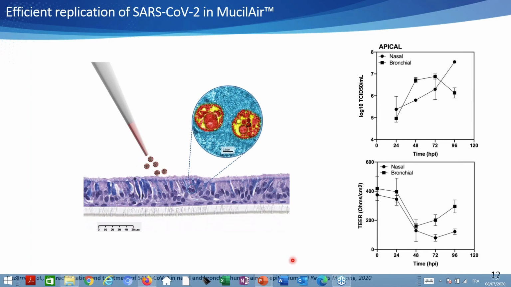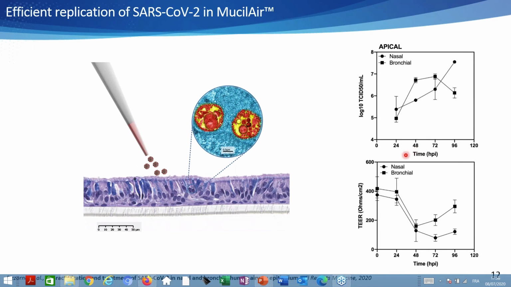This is a paper recently published by Virpa's groups, where you could see very clearly that the nasal and bronchial epithelium could be used to monitor the growth of SARS-CoV-2 up to, for example, 96 hours.